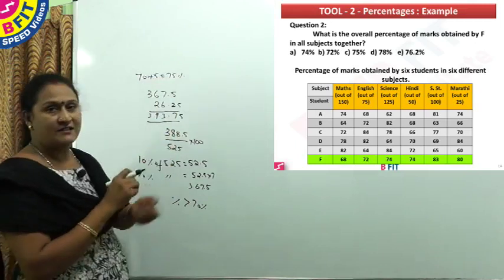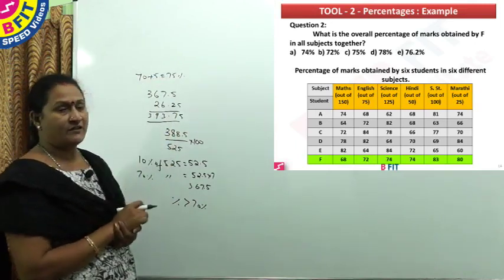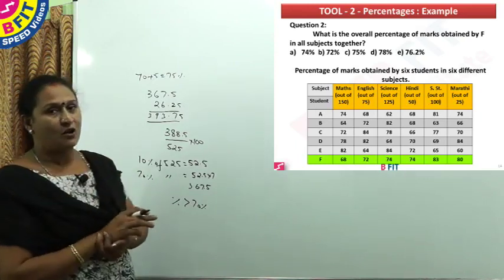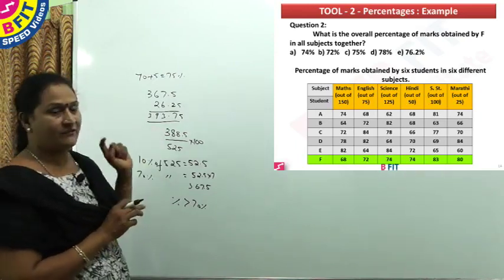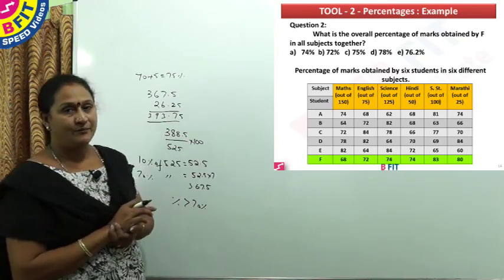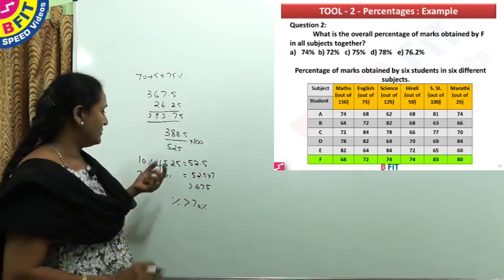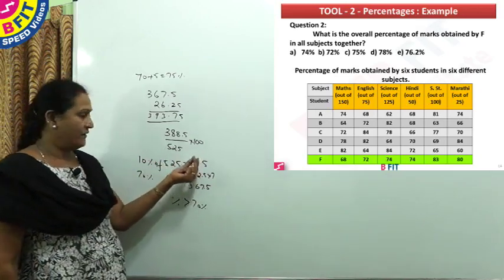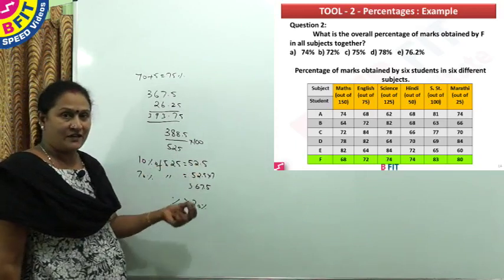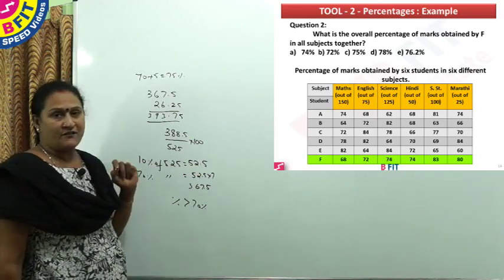And the answer is less than 393.75. So which option can we choose? 75% will not be the answer because we have a lesser value. So by scanning the values, 10% is 52.5, so into 7 we have 367.5 as 70%, but it is more than 70%.